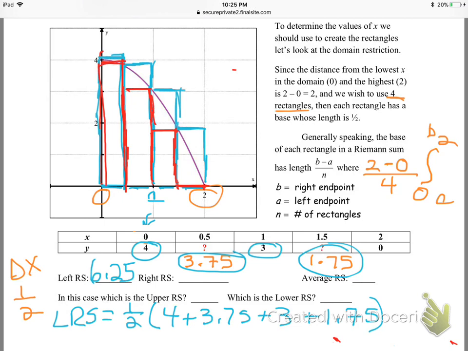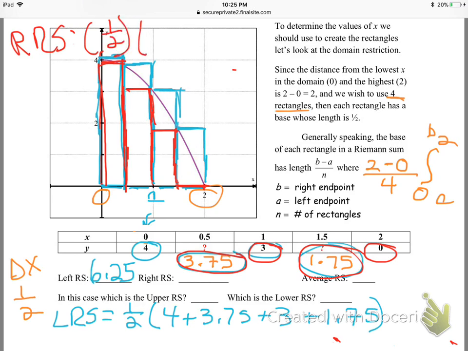Okay, I'm going to circle the y values I'm going to use this time: 0, 1.75, 3, 3.75, and I'm not doing the last one because remember, you're always going to omit one. So for my right Riemann sum, I know my base is always 1/2, so have a 1/2 out in front.